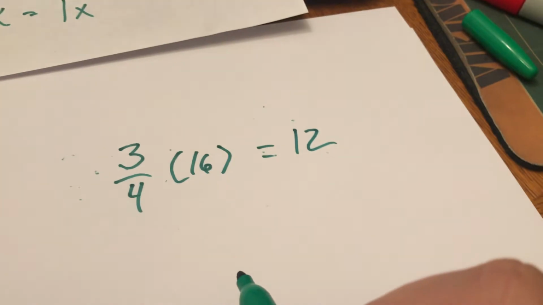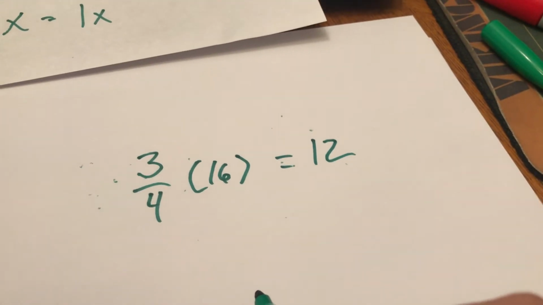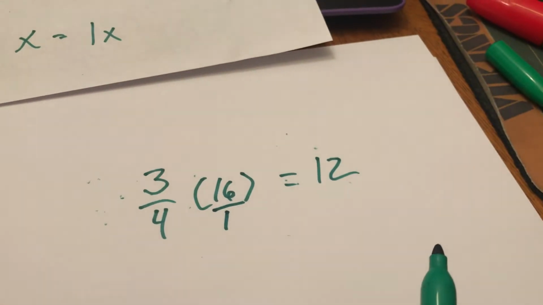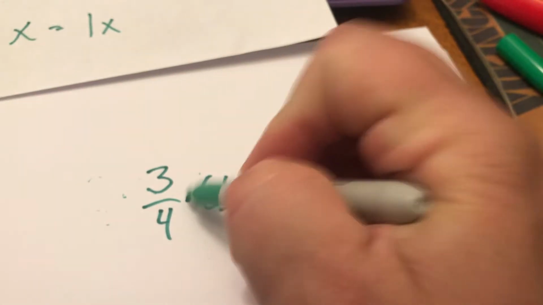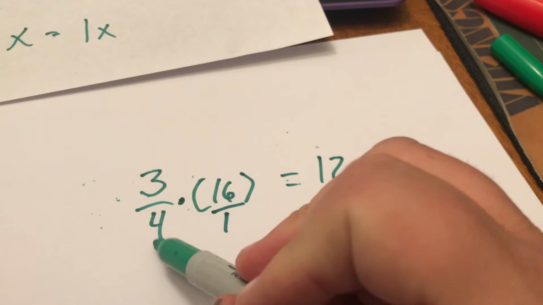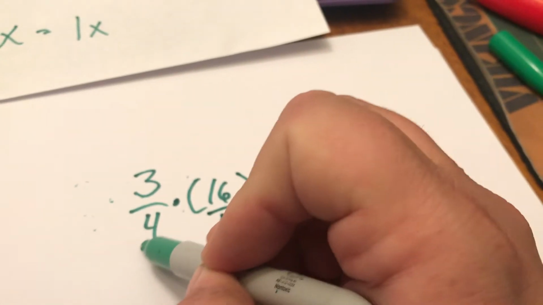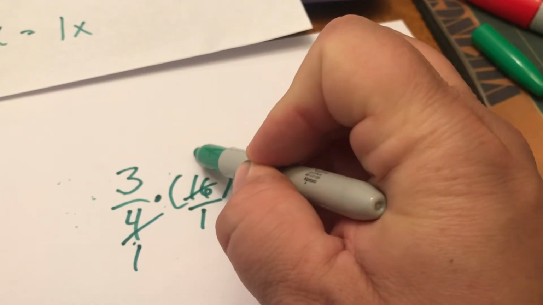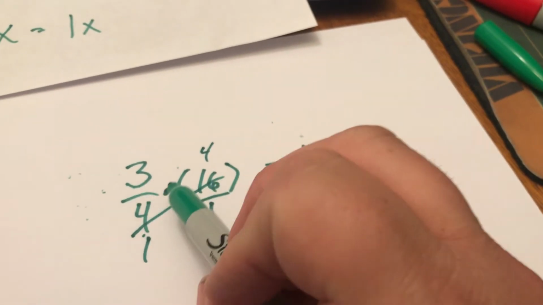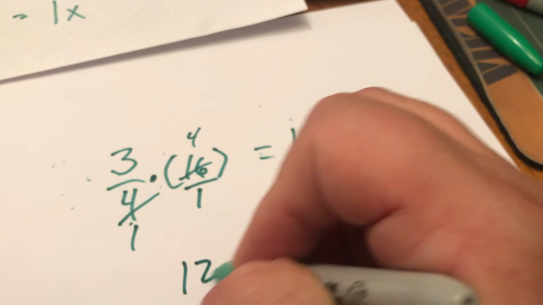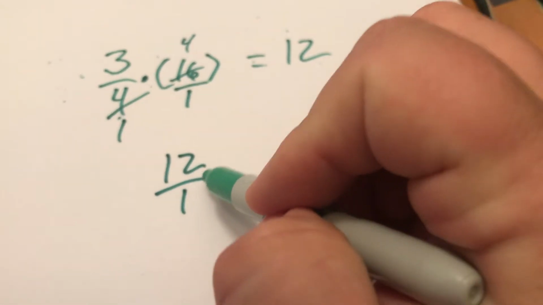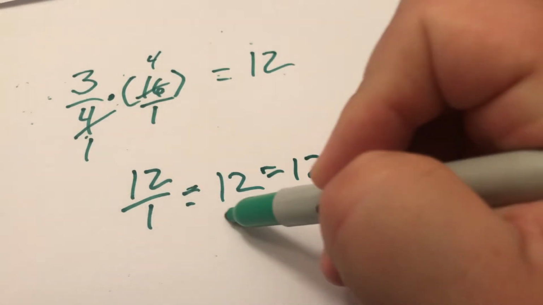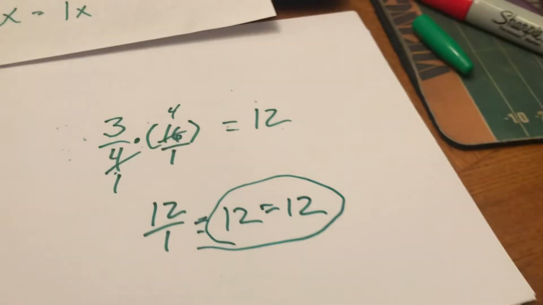When we have parentheses next to one another like that, that's multiplication, and I'm going to again change this into a 1/1, because then it's easier to multiply the numerators by the denominators. And again, with my cross canceling, 4 goes into 4 once, 4 goes into 16 4 times, 3 times 4 is 12, and that's over 1, which just equals 12, and that is also 12, so therefore we got a correct answer.